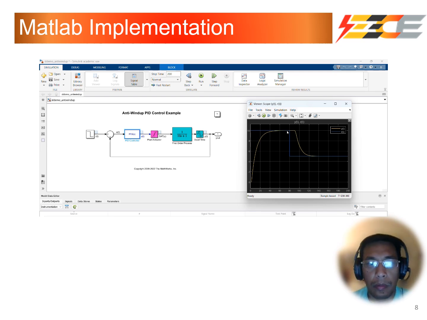Then after 8 seconds, it drops to 5. So this part here is the output, the actual output. As you can see, based on the parameters set in the block diagram, it follows the set point. So by the time it drops to 5, it also follows 5.